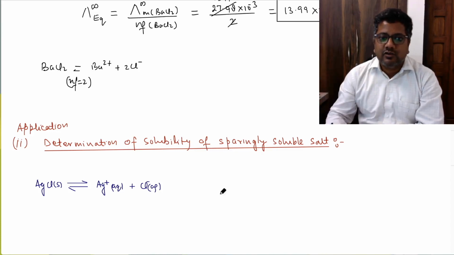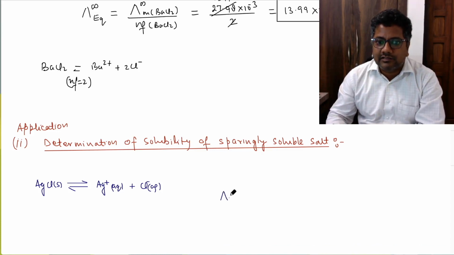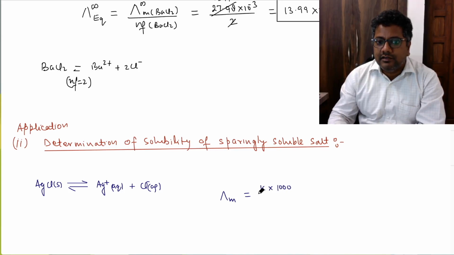So the molar conductance is equal to kappa into 1000 divided by molarity, and in place of molarity we can put solubility, right?